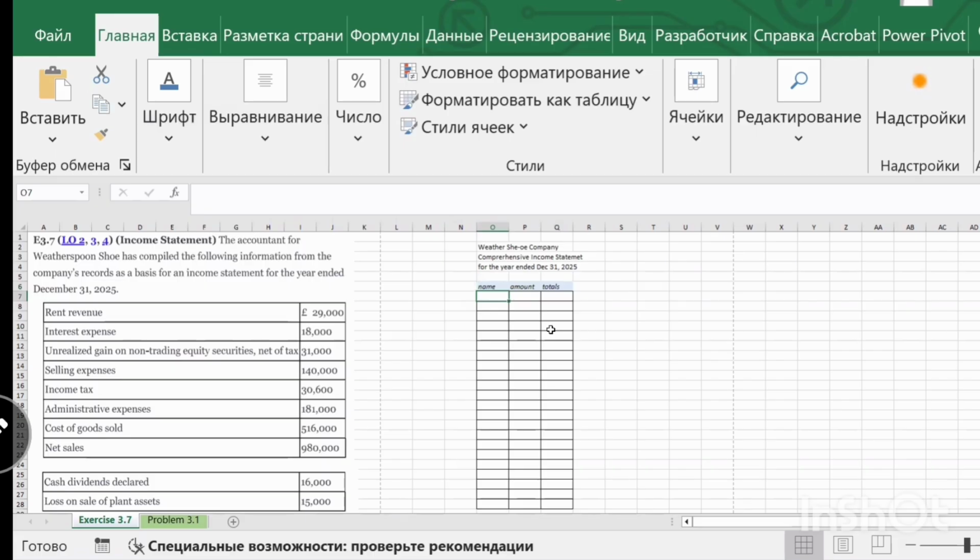Firstly, as we all remember, we should start from net sales. We can see on the left that our net sales is 980,000. Net sales means what we earned, but from it we will decrease expenses and costs.